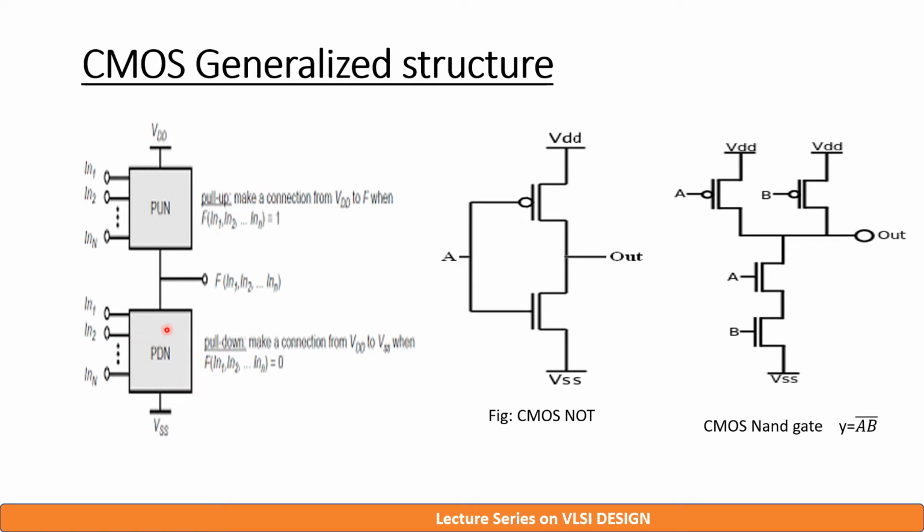So this pull-down section is on if the input is logic 1, and if the pull-down network is on, the output will make a connection to ground and hence output will be logic 0. And this pull-up network is on if the input is logic 0, and if this pull-up network turns on, the output will make connection to VDD. Therefore output will be logic 1 or VDD.